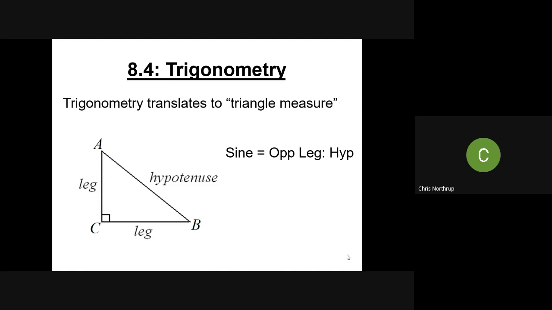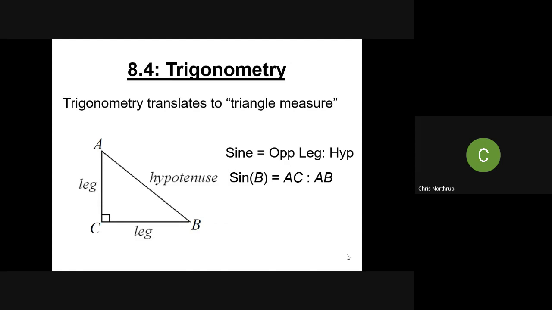I need to know where I'm standing, or what our point of view is, in order to know which is my opposite leg. If I'm not told that I'm standing at A or B, I don't know which leg is opposite and which leg is adjacent, so we need to be told that. The notation we're going to use for sine is SIN, and they're going to tell us which angle.